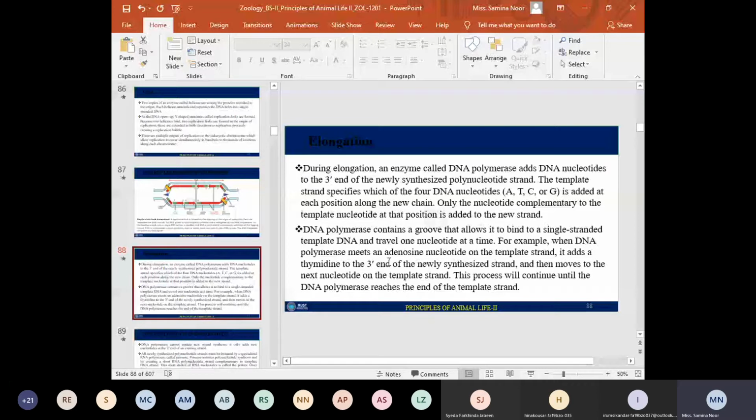So DNA polymerase binds to the single-stranded template DNA, and during its journey, it adds only one nucleotide at a time. As the polymerase meets the adenosine nucleotide on the template strand, it adds a thymidine to the 3' end of the synthesized strand.